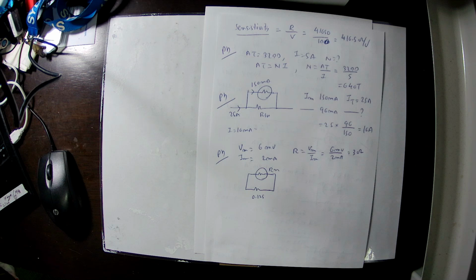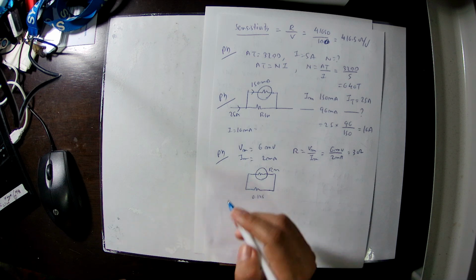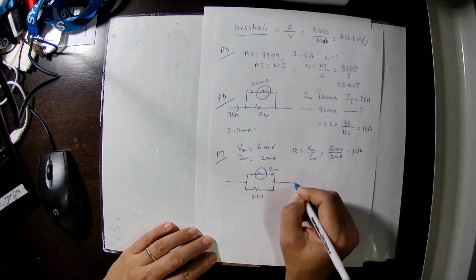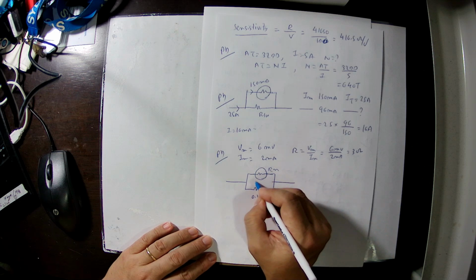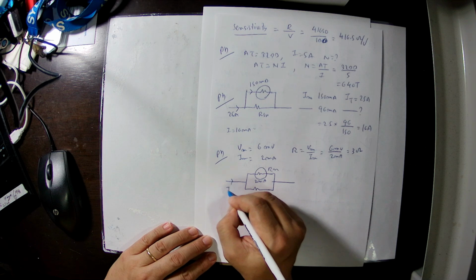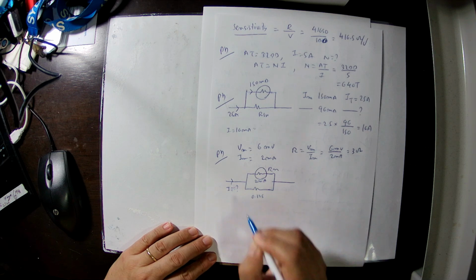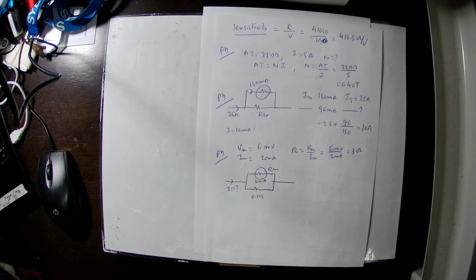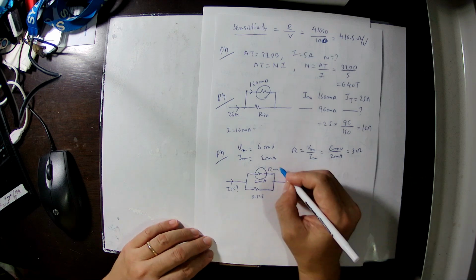So we need to show the full scale deflection. What is the total current? So in this case, at full scale deflection, meter current is 2 milliampere. We have to find out the total current IT. What is the total current? So meter resistance is unchanged. This is 3 ohm.